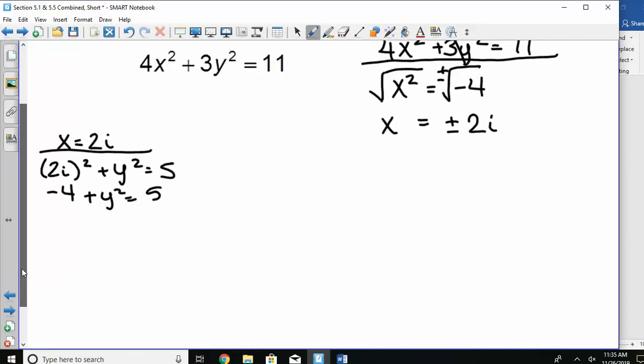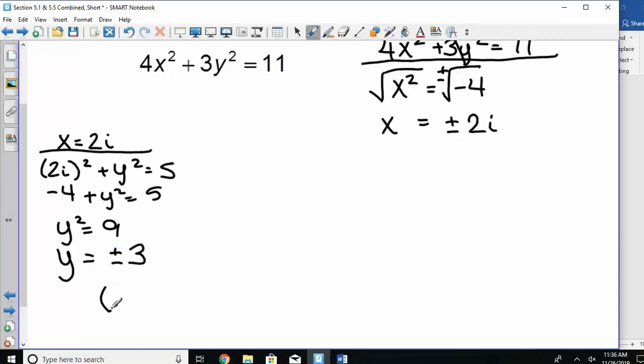Subtract your 4, or sorry, add your 4, so you get y squared equals 9. Square root, and you get plus and minus 3. So when my x is 2i, how many different ordered pairs do I have? 2 of them. I have 2i, positive 3, and I have 2i, negative 3.